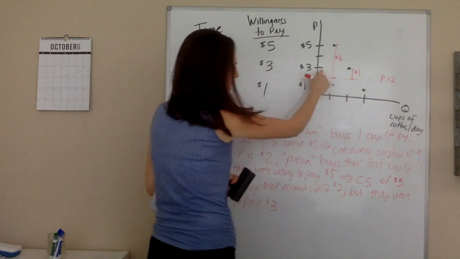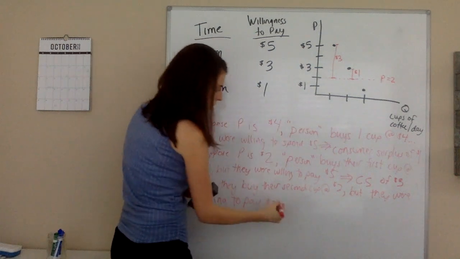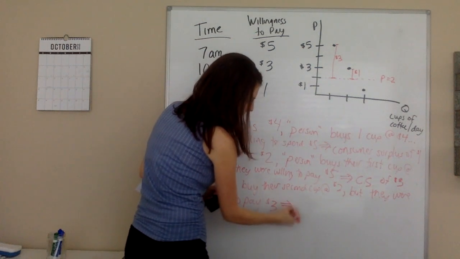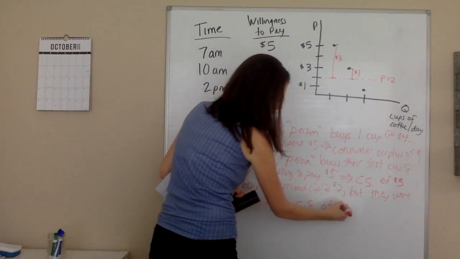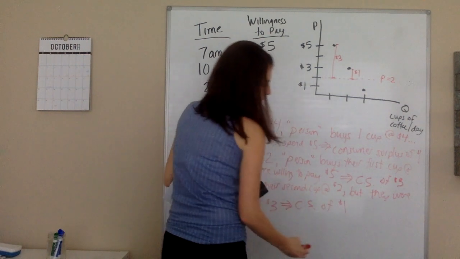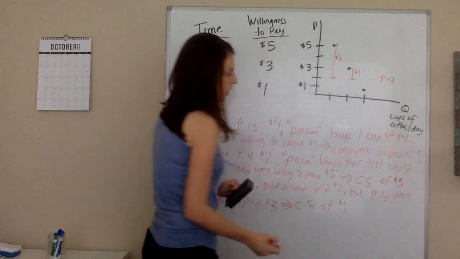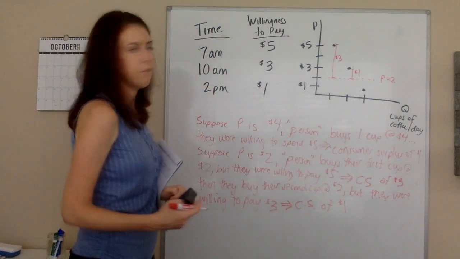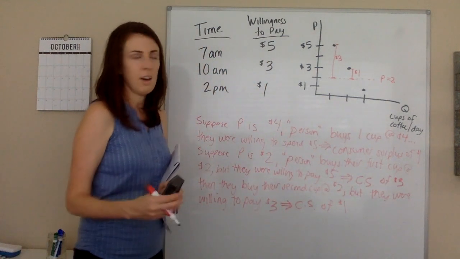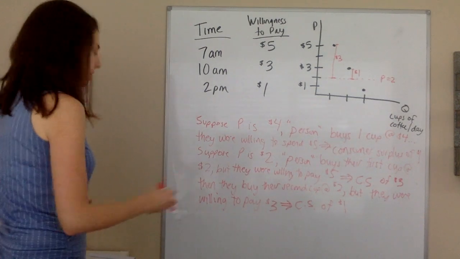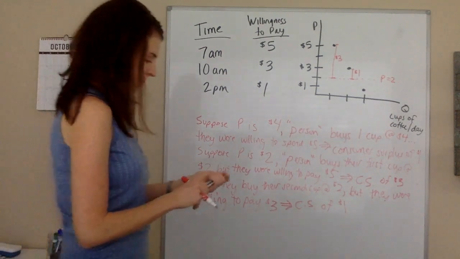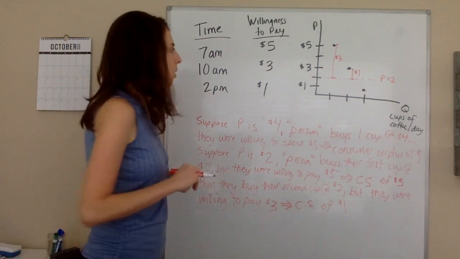So for that second cup, they have a consumer surplus of $1. And so in total, they're going to have $4 of extra money that they were willing to pay for their daily coffee consumption that they didn't have to pay.